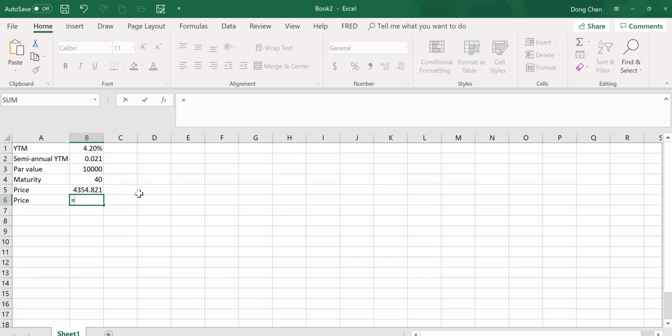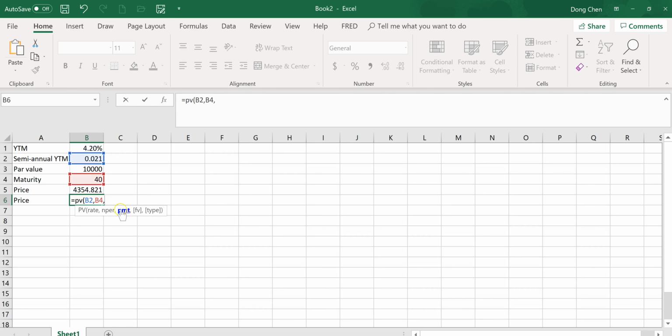Another way is simply to use the PV function. So the first argument here is rate, and that refers to the discount rate. So that's the semi-annual YTM. And NPER is the number of compounding periods.